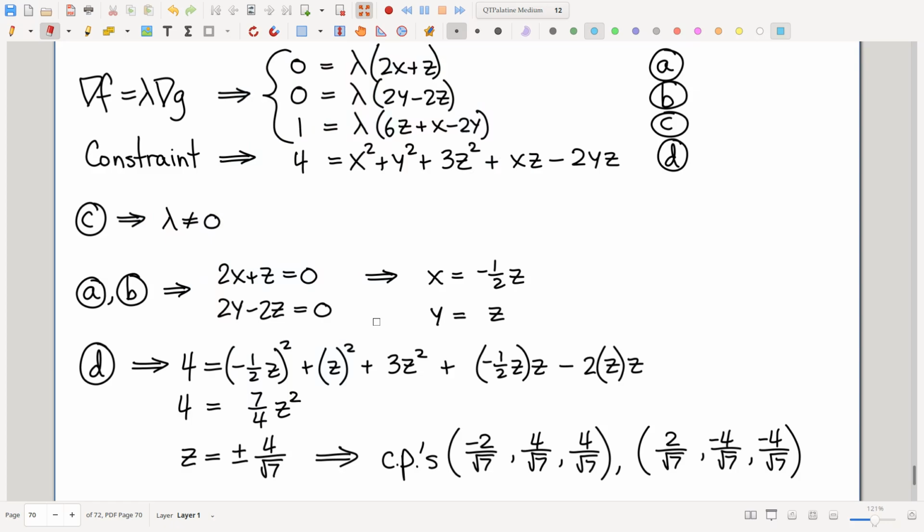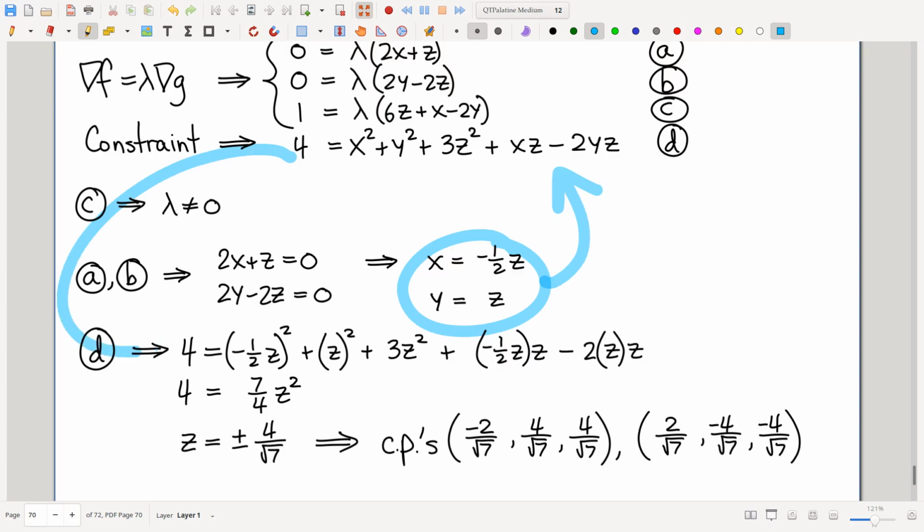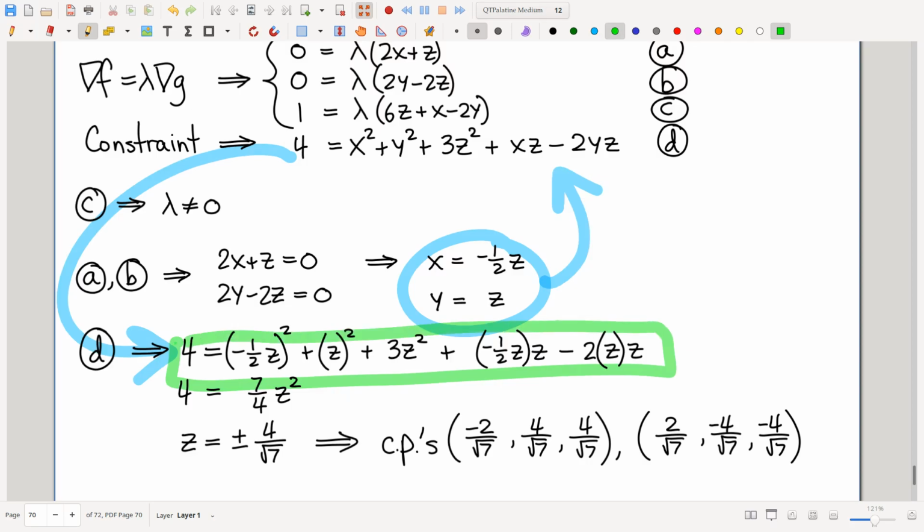And it's kind of all over with the shouting at this point. Once you have these two equations, you can solve for x and y in terms of z, which you can plug into there, which then becomes this. And this is just a great big equation in z, which is pretty easy to solve for z.